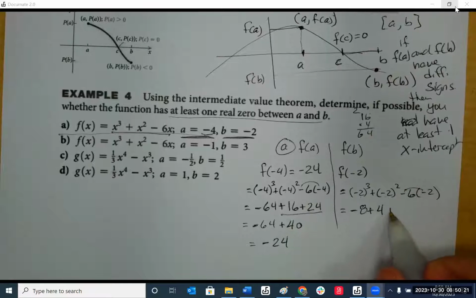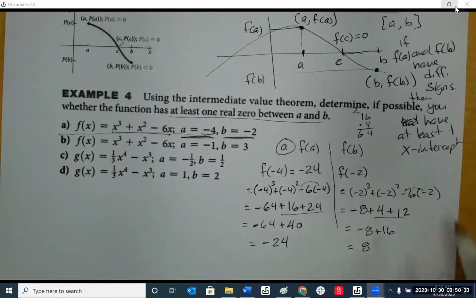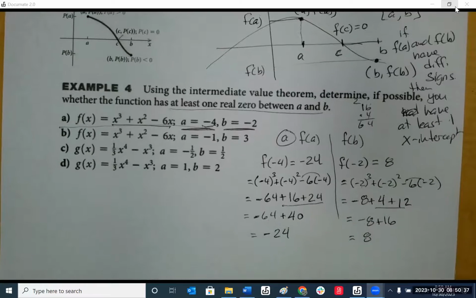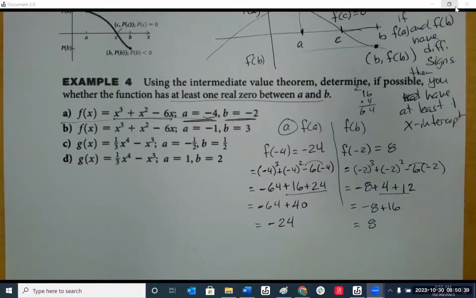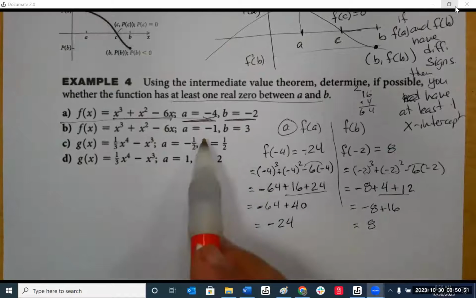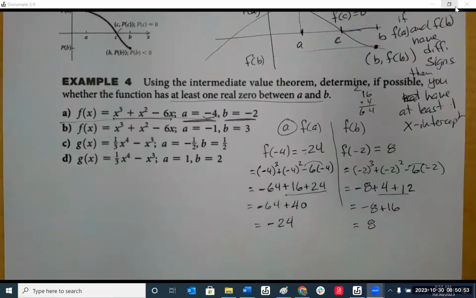Negative and negative is a positive. 6 times 2 is 12. 4 plus 12 is 16, minus 8 is a positive 8. So what can we conclude? Yes, there's at least one x-intercept somewhere in there. Because that's negative and that's positive, we know there's a value between negative 4 and negative 2 where it equals 0.